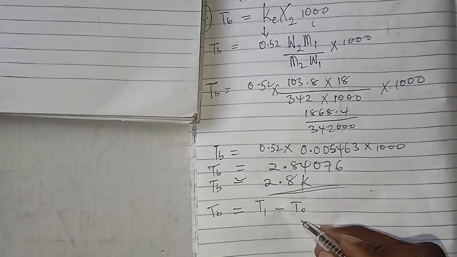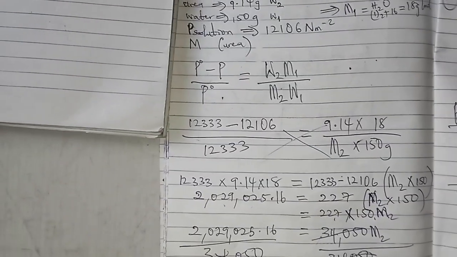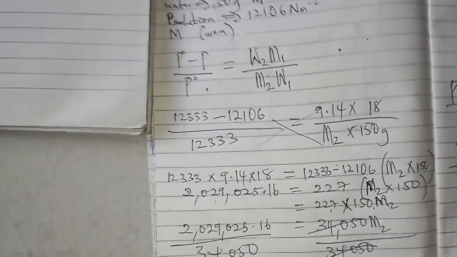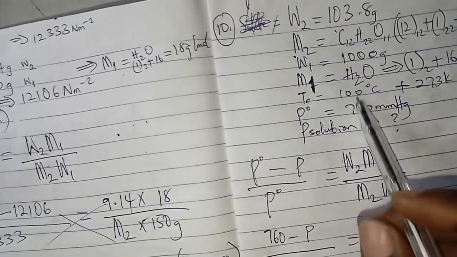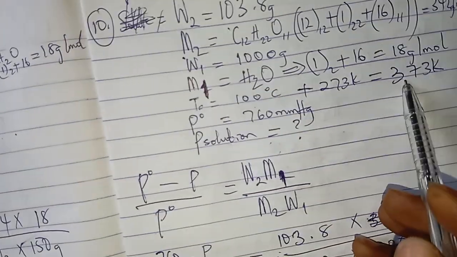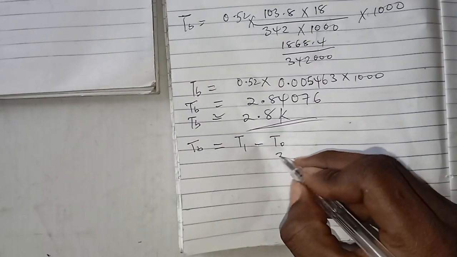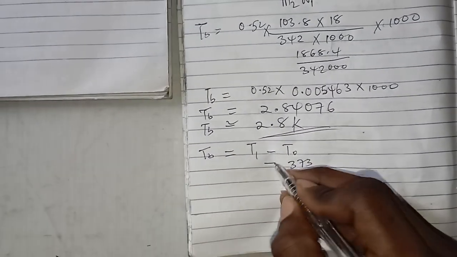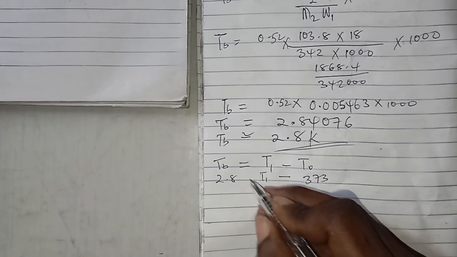And T naught given to us is 100 degrees C, so 373. So this is the same as 373 minus T1 equals 2.8.